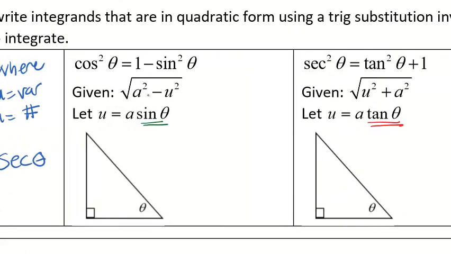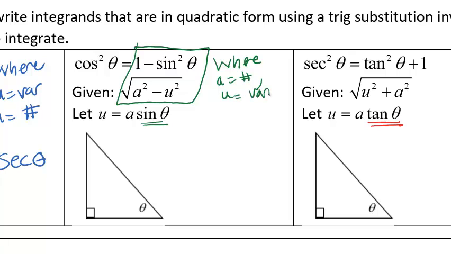If we end up getting something that is a number minus a variable, so again, this is going to be where a equals some number and u is equal to some variable, in this case our substitution would be for the sine. So we would let the sine of theta be what we replace the variable with.